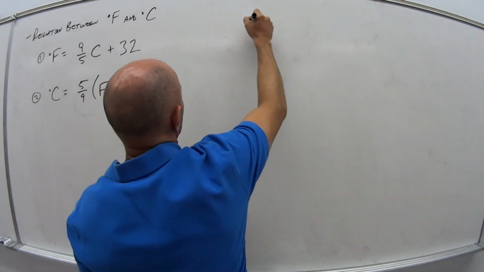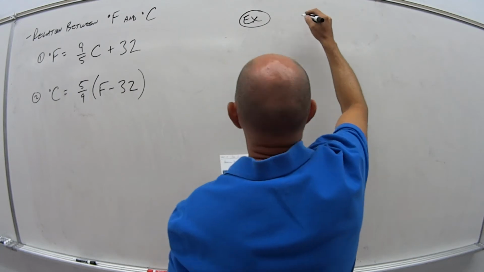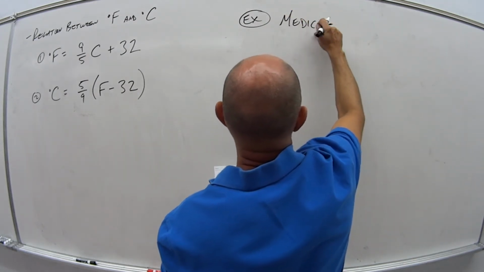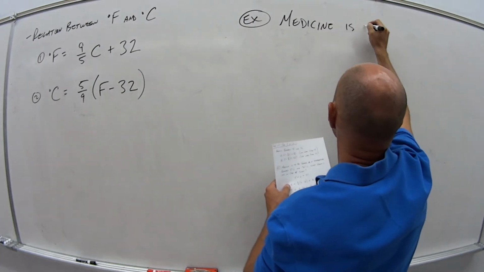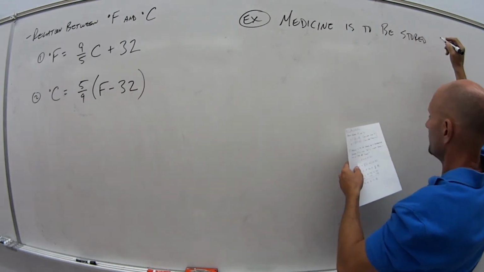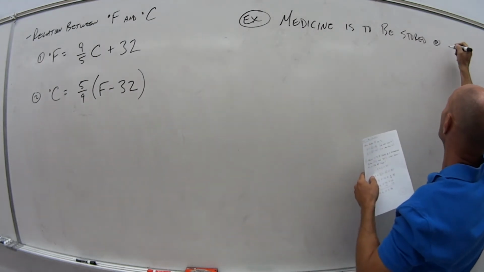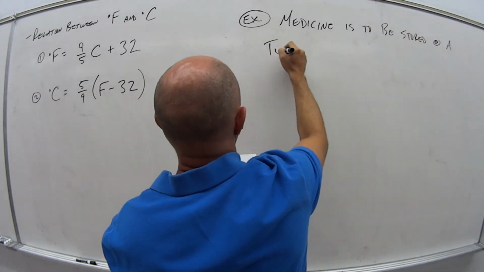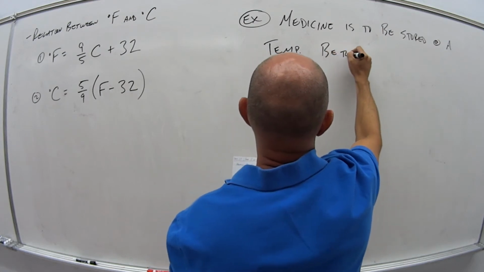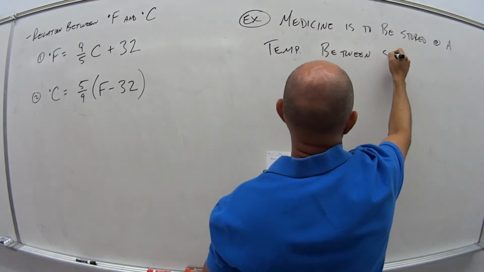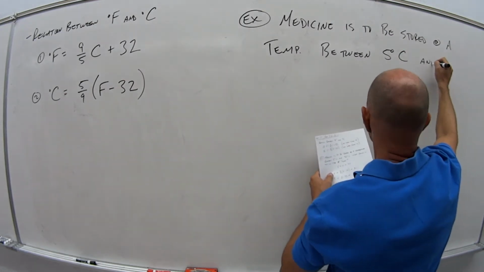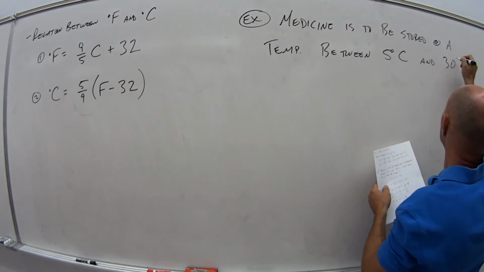So let's look at a quick example. So we have medicine is to be stored at a temperature between 5 degrees Celsius and 30 degrees Celsius.